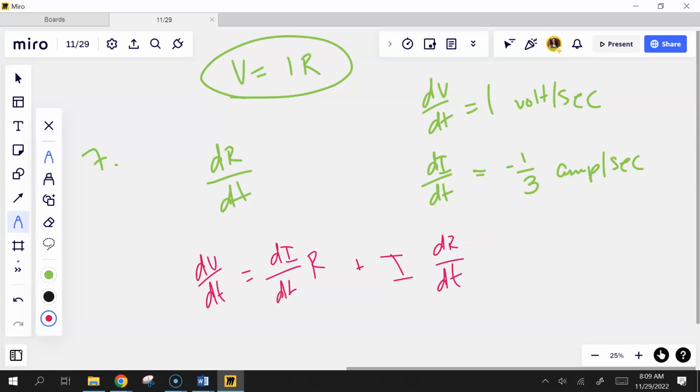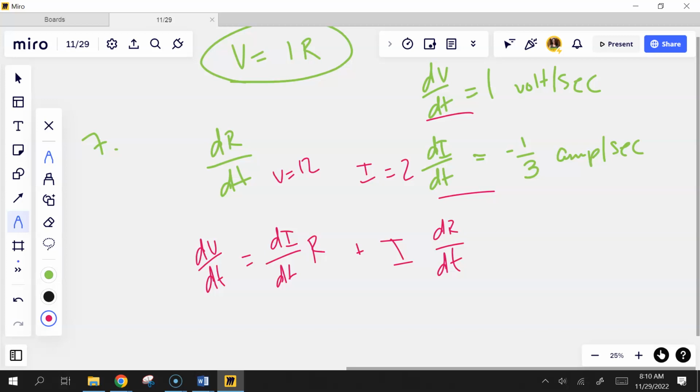We know V is 12, we know I is 2, and we know dV/dt and we know dI/dt. Do I have everything else I need? Let's see. 1 equals negative 1/3. Do I not know R?